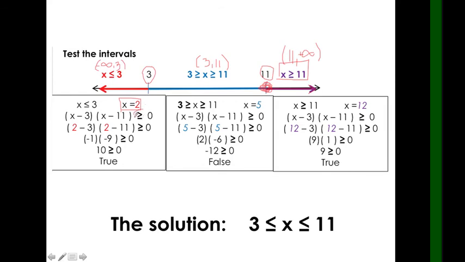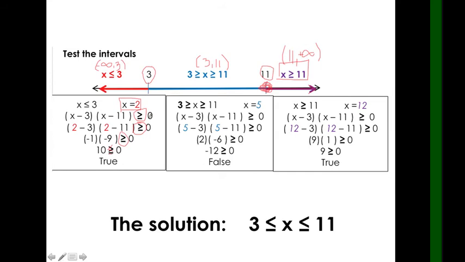So there's something wrong with this one. We have 2 minus 3 and 2 minus 11, so that's negative 1, negative 9. The answer is 9. 9 should be less than or equal.